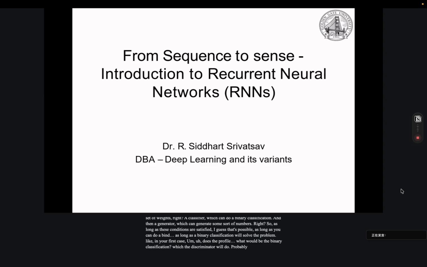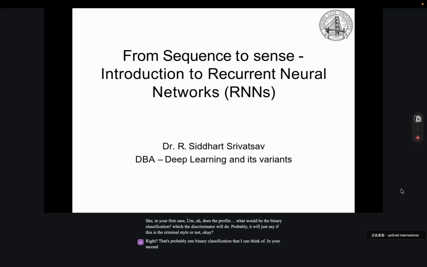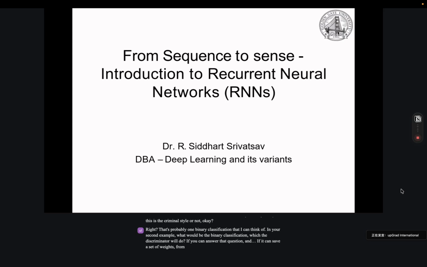Probably it will just say if this is the criminal style or not. That's probably one binary classification that I can think of. In a second example, what would be the binary classification which the discriminator will do? If you can answer that question, and if it can save a set of weights from real examples, we'll be able to implement a GAN architecture.